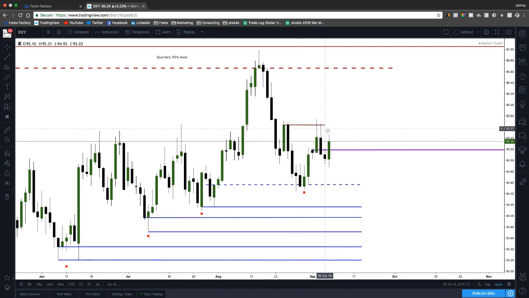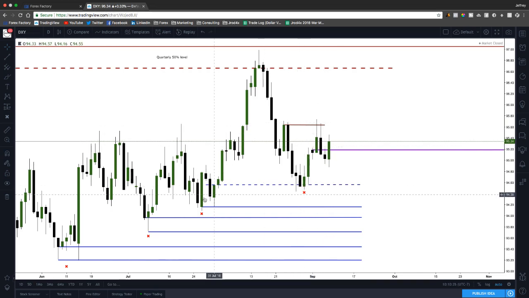So if we get back above 95.60 to 95.65, so ultimately these highs in here, if we get back above that on a daily time frame and close above there, I think we're going to potentially get higher prices, because at that point we would have a strong bullish directional analysis, because we would be back above these highs.